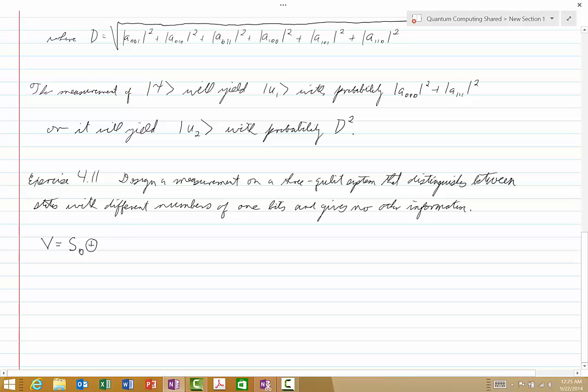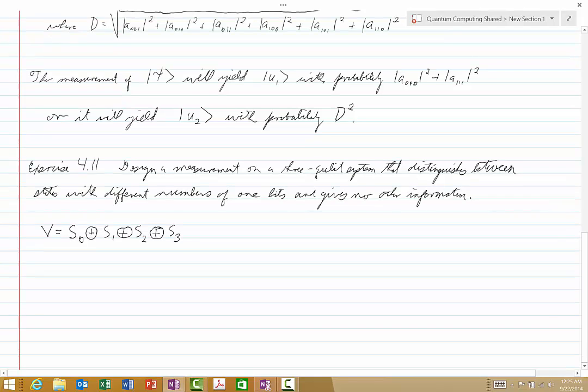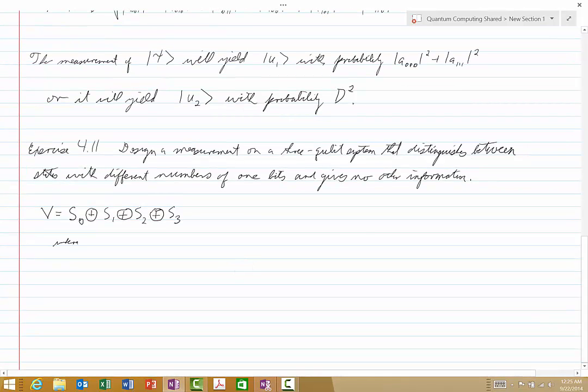We would have S0 plus S1 plus S2 plus S3, where S0 is the subspace of states with 0 1 bits. S1 is the subspace of states with 1 bit.